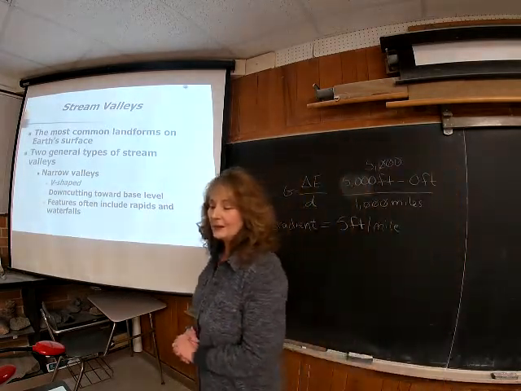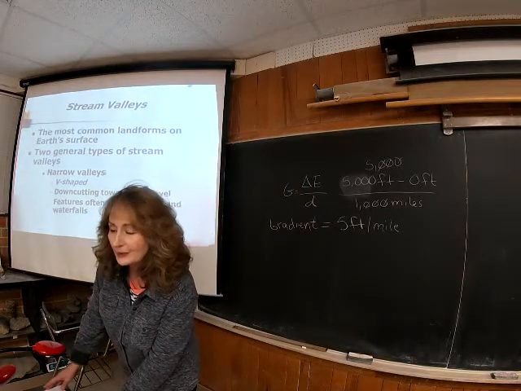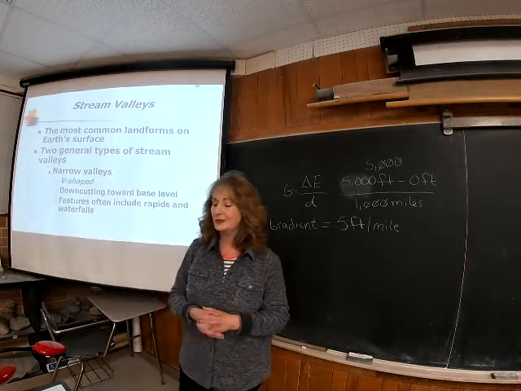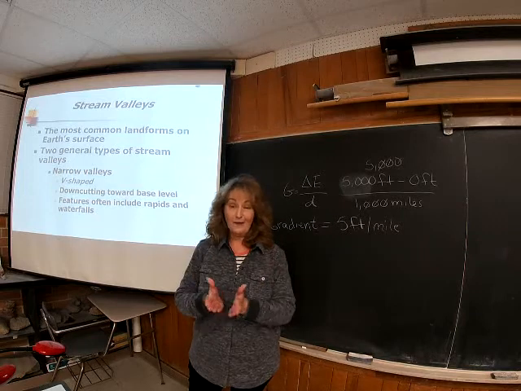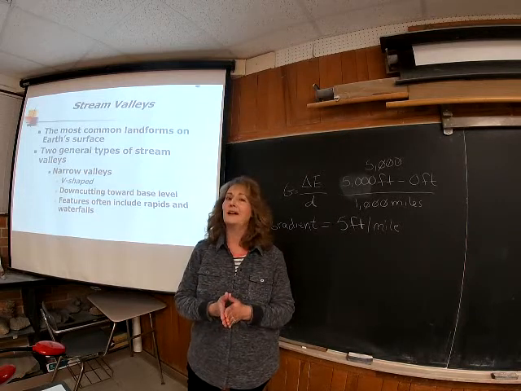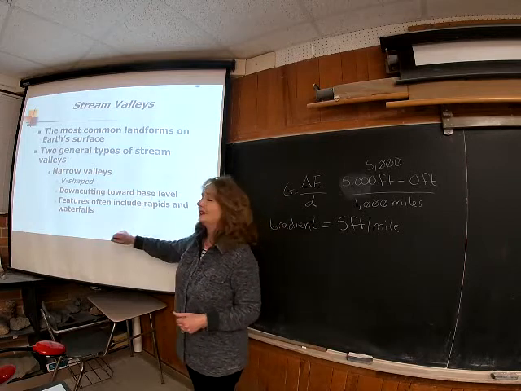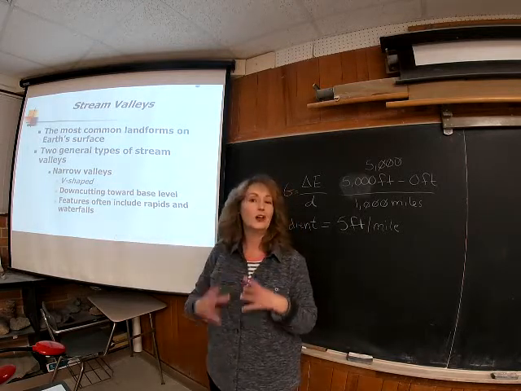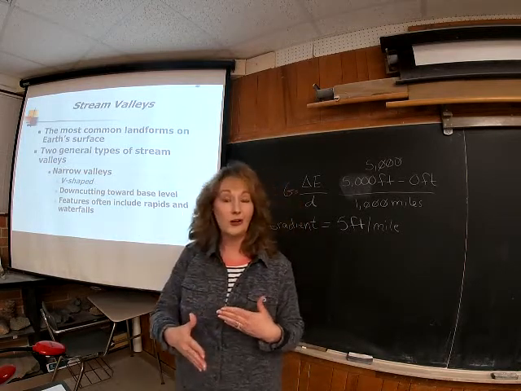Okay, the most common landforms on Earth's surface are what we call stream valleys, and there's a couple types of stream valleys. Ones we call narrow valleys, and this is where erosion is really down cutting towards the base level. Features often include rapids, so very choppy, turbulent water, and lots of waterfalls as well.